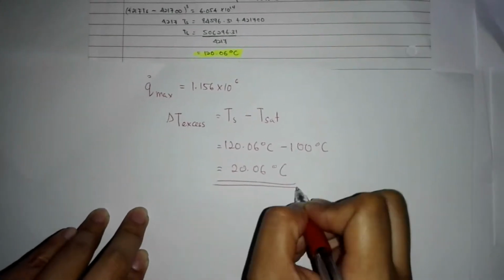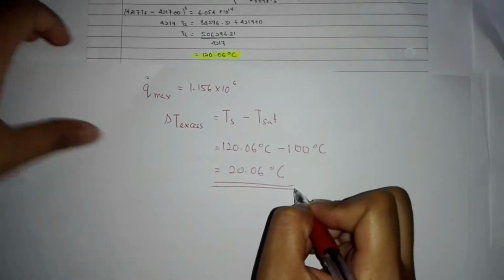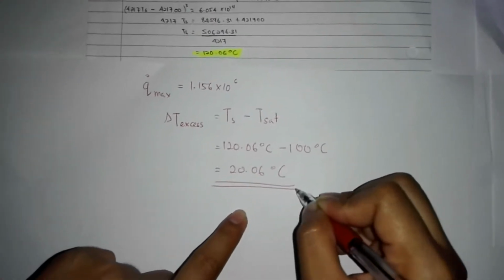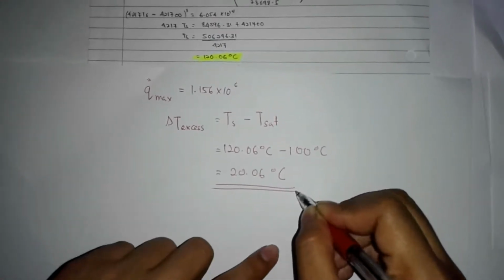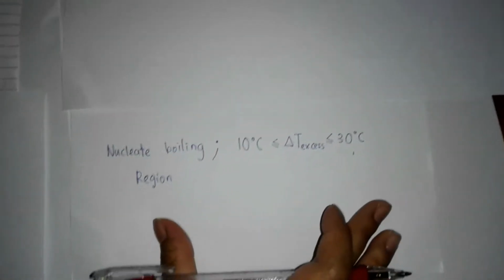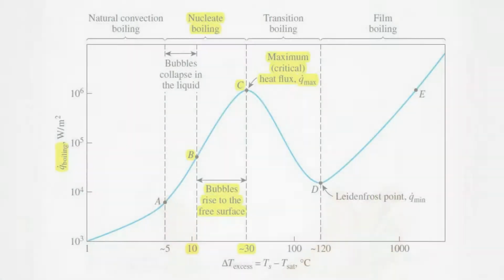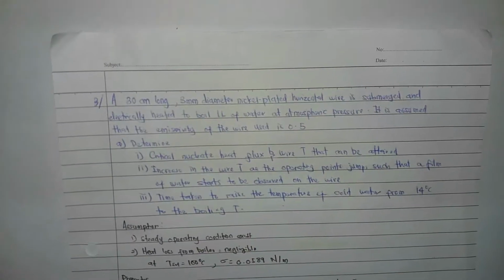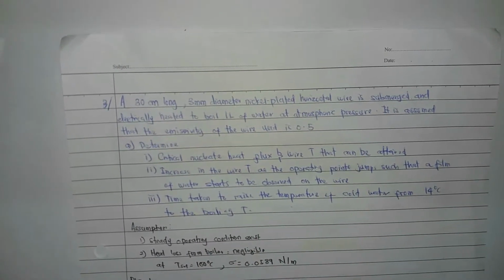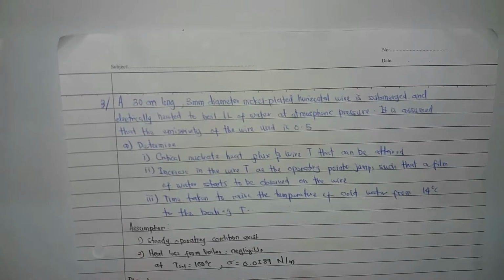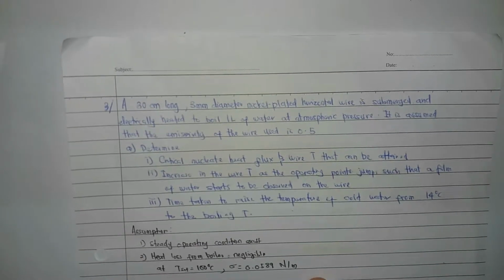This temperature excess proves that we are in the nucleate pool boiling region in the graph. For question 2, the question asks to find the increase in temperature.